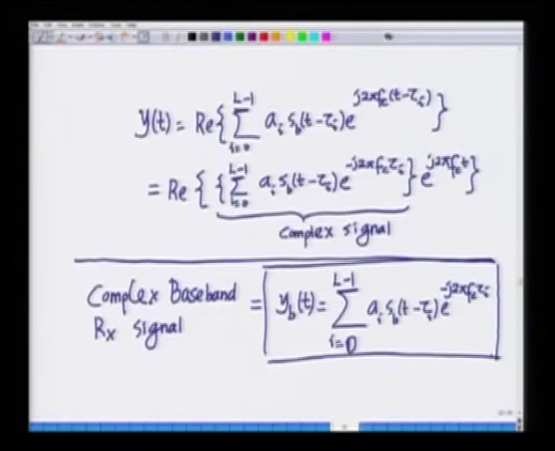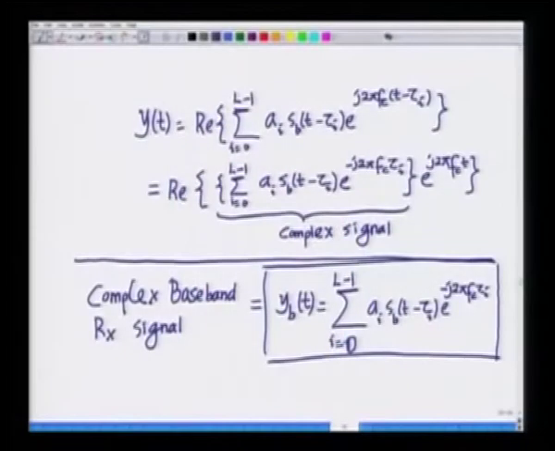All right. So, the complex baseband received signal at the mobile station is y_b(t), which is the summation over i equals 0 of A_i s_b(t minus tau_i) e^(minus j 2 pi f_c tau_i). Now, first observe that the summation still has L components that correspond to the L received multipath signal components.